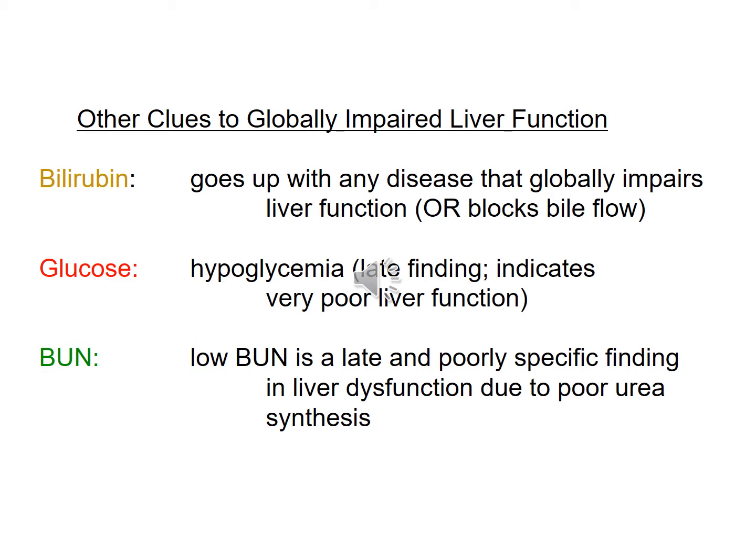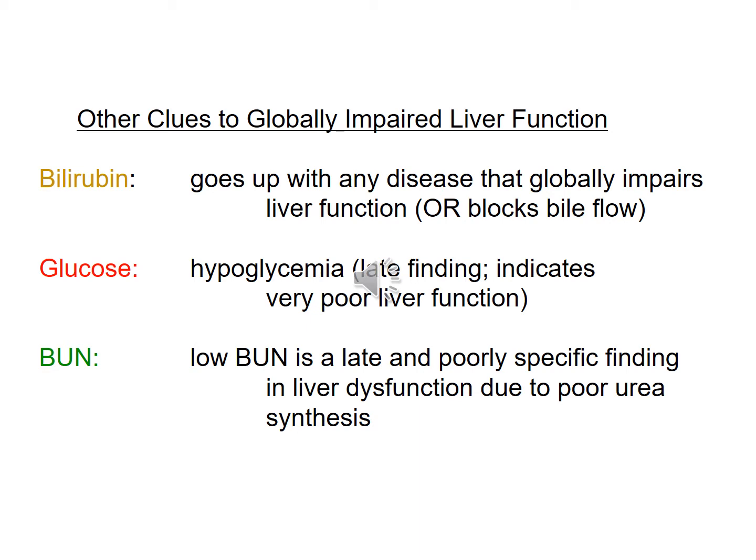Hypoglycemia is a late finding, indicating very poor liver function. Low blood urea nitrogen is a late and poorly specific finding in liver dysfunction due to poor urea synthesis. Ammonia will increase, causing encephalopathy, with poor synthesis of blood urea nitrogen.